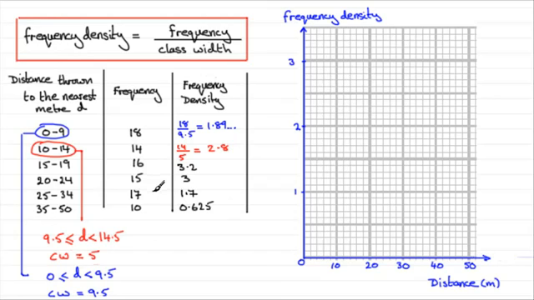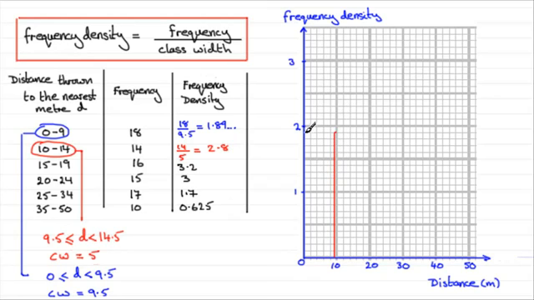To plot these, we first take our first interval, which goes from 0 to 9.5. So you go to 9.5, just slightly to the left of the 10 here. Then you go up to your frequency density, which was 1.89, so let's say about 1.9.